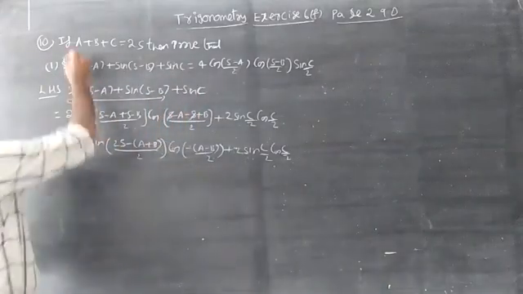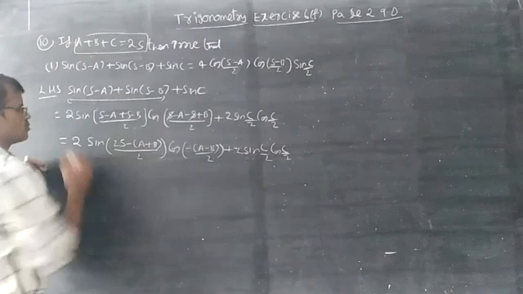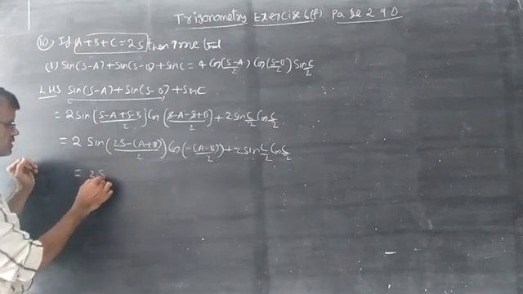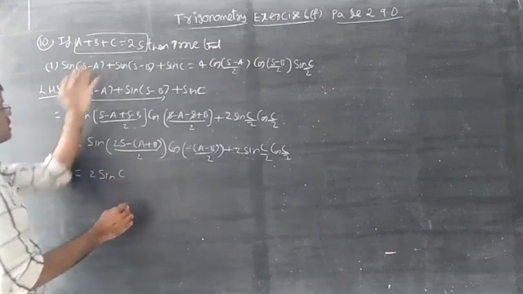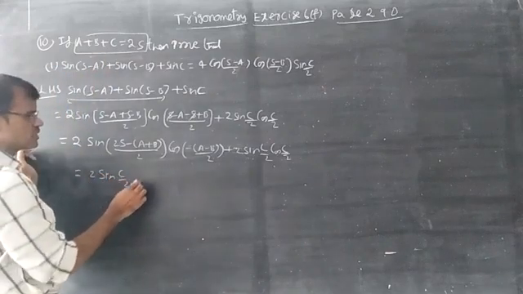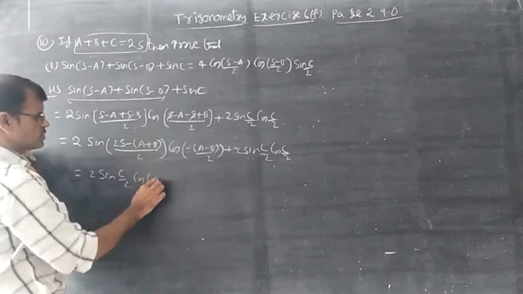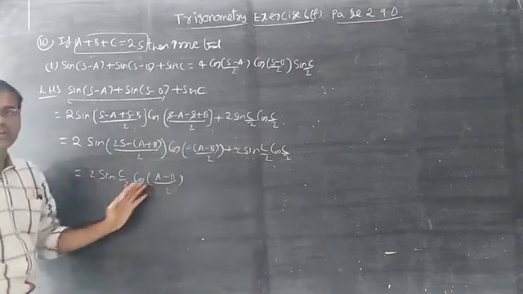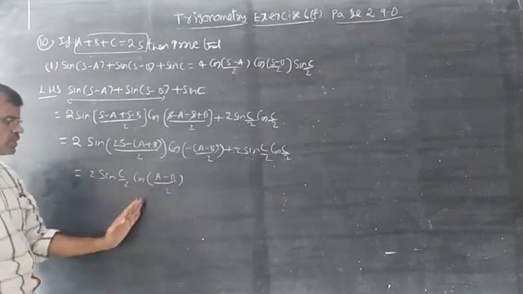Now instead of 2s minus a plus b you can write simply c, because a plus b plus c equals 2s. So 2s minus a plus b becomes 2 sin c by 2 into cos of a minus b by 2. There is no negative for cos theta, that is why cos of minus theta becomes cos theta, directly convert.